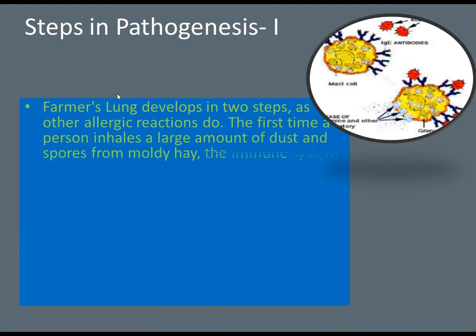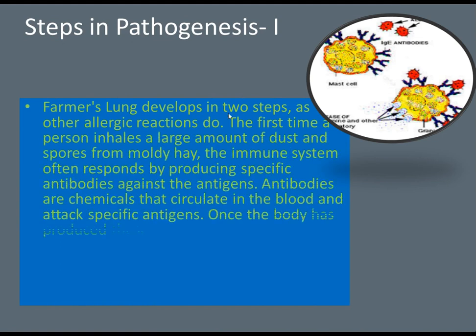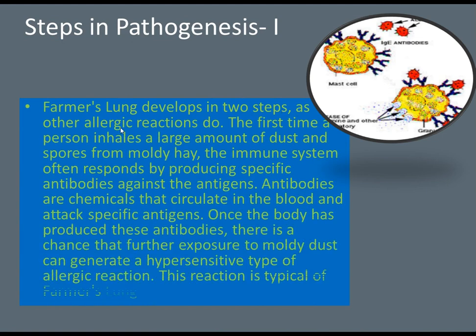As a description, you find it's written that farmer's lung develops in 2 steps, as other allergic reactions do. The first time a person inhales a large amount of dust and spores from moldy hay, the immune system often responds by producing specific antibodies against the antigens.